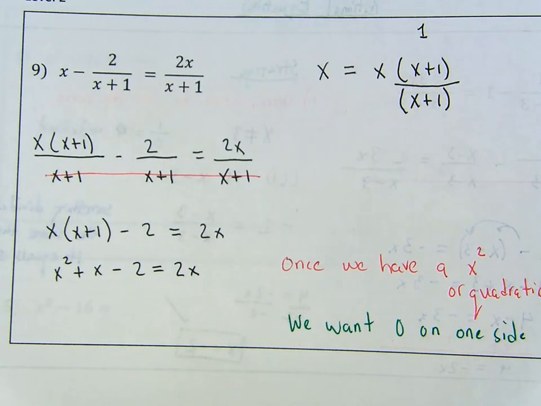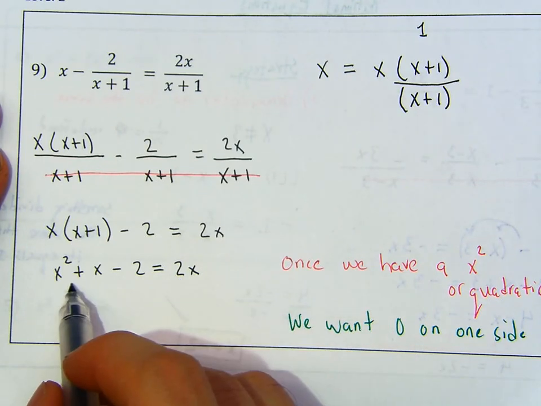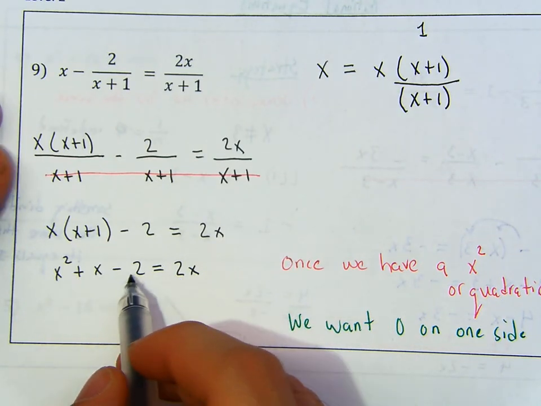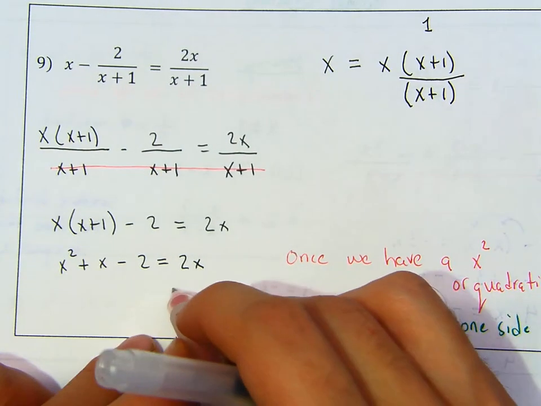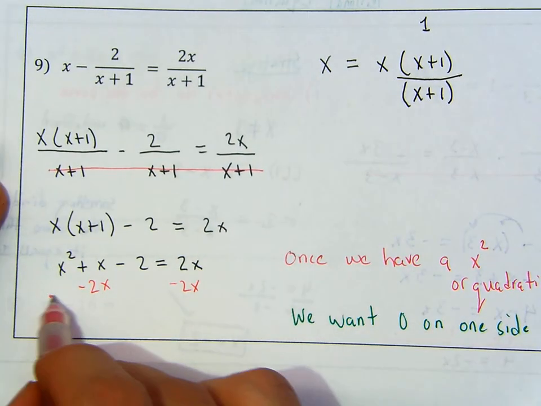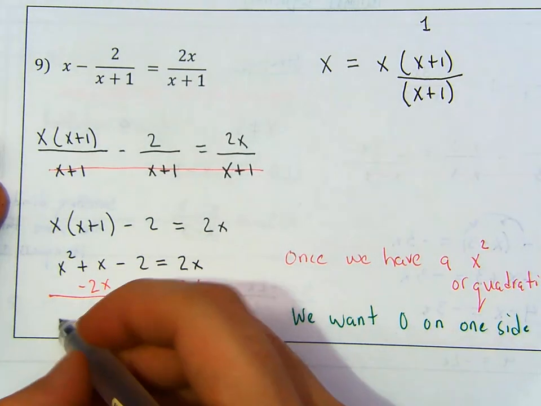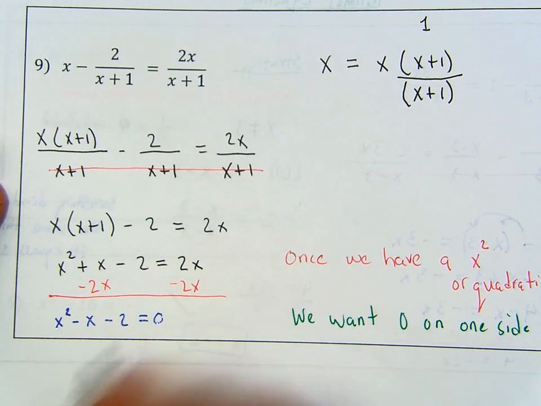And why do we want 0? Well, it'll be very clear very soon, but here notice that you have x squared plus x minus 2 equals 2x. And then how do you get 0 on one side? Okay, well, let's do minus 2x minus 2x. And now here, this becomes x squared minus x minus 2 equals 0.